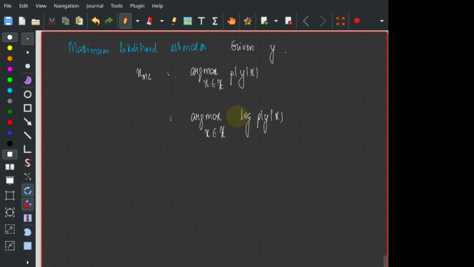Again, I'm not going to talk a lot about the ML estimator. If you take a course on, say, detection theory, estimation theory or even statistical inference, you'll see that the ML estimator has several nice properties. It is, in some sense, asymptotically consistent, and there are a lot of other very nice properties. But we won't get into that in this particular course. So let's look at some specific examples of ML estimation problems.